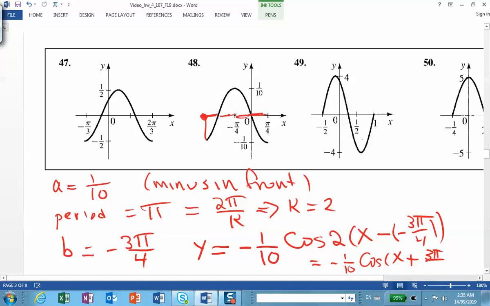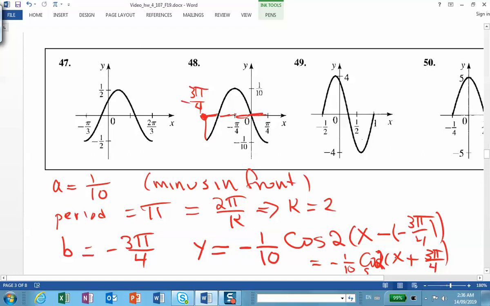It's always, again, a good idea to check. If you set x equal to minus 3 pi over 4, which is right there, you're going to get cosine of 2 times 0, cosine of 0, and you get minus 1/10. If you set x equal to 0 here, what do you get?